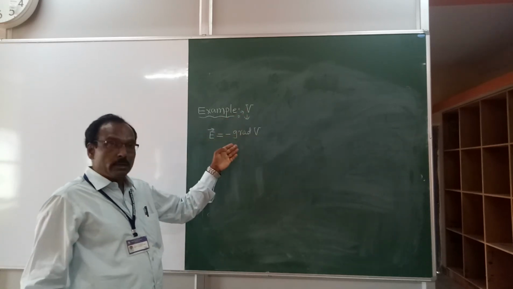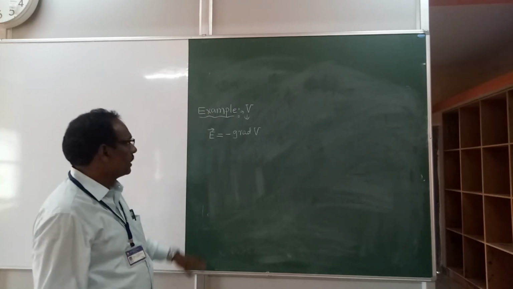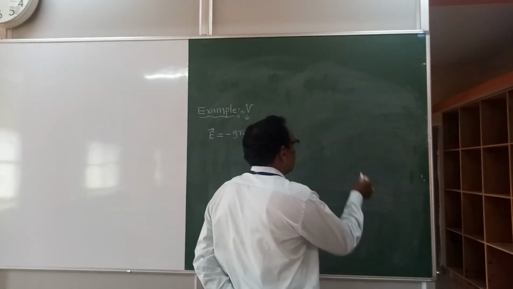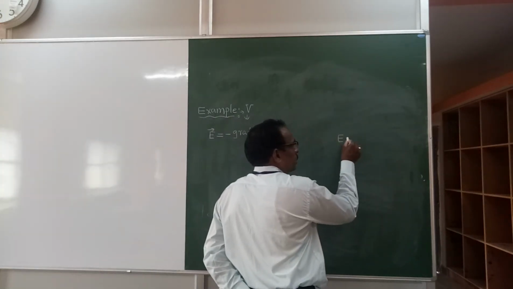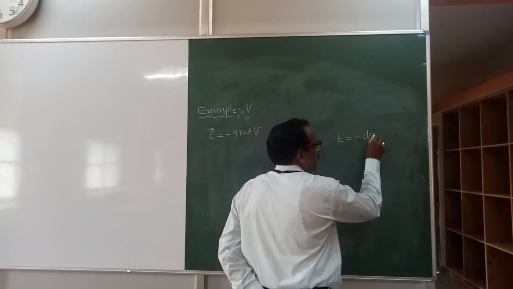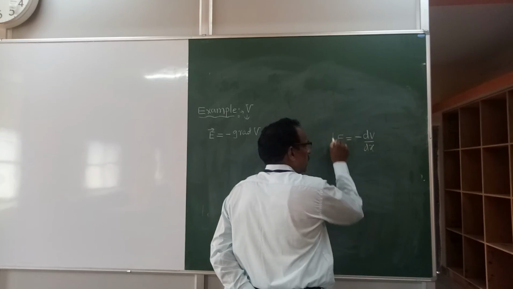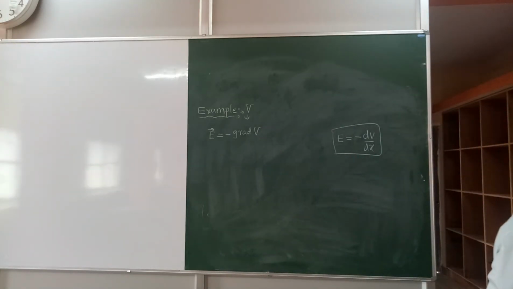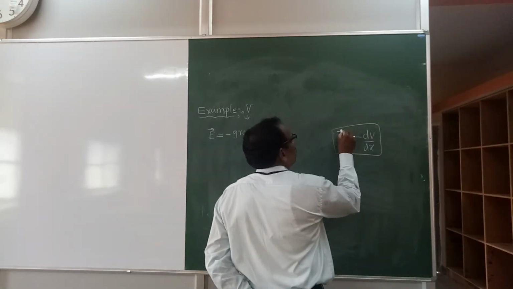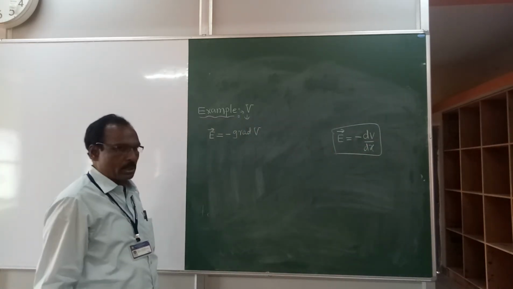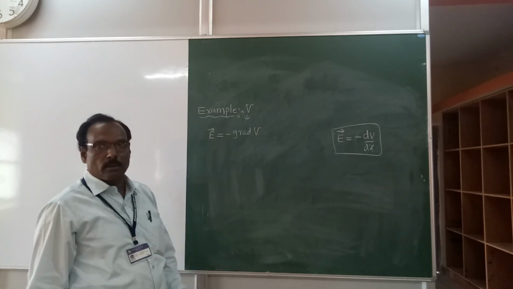So, negative gradient of a potential is electric field intensity. Hope you remember this. E is equal to minus dV by dx, and this is the relation between electric potential and the electric field intensity. We have done it many times in PUC. For 2 marks we have obtained this relation. This is a good example.